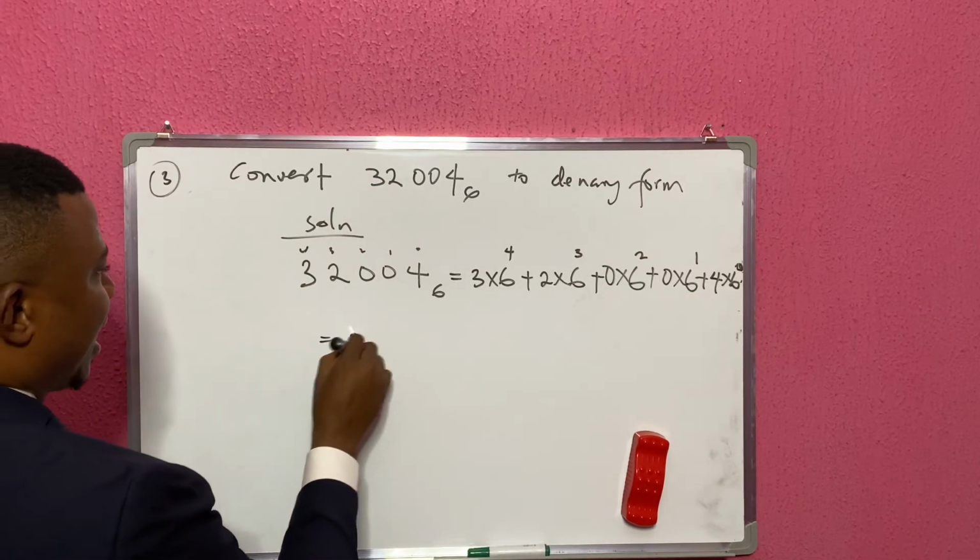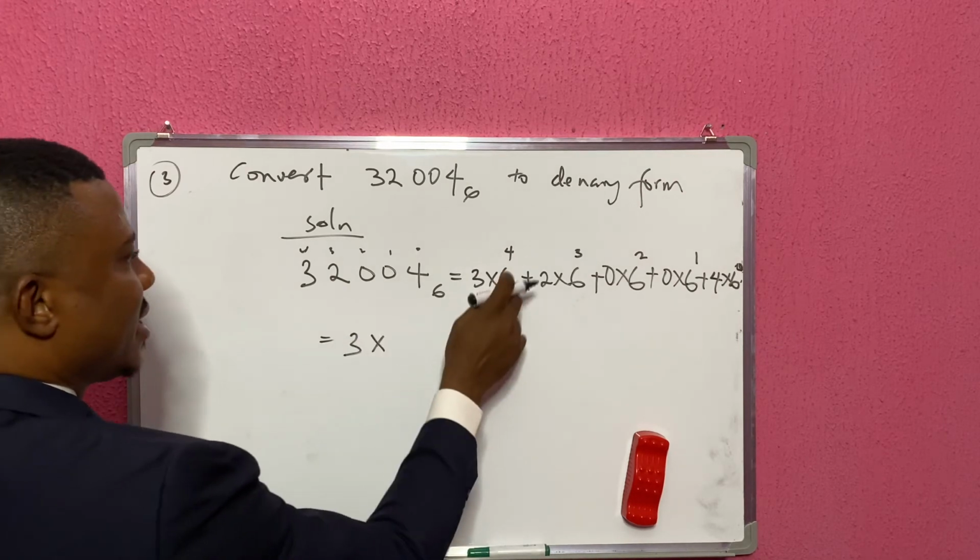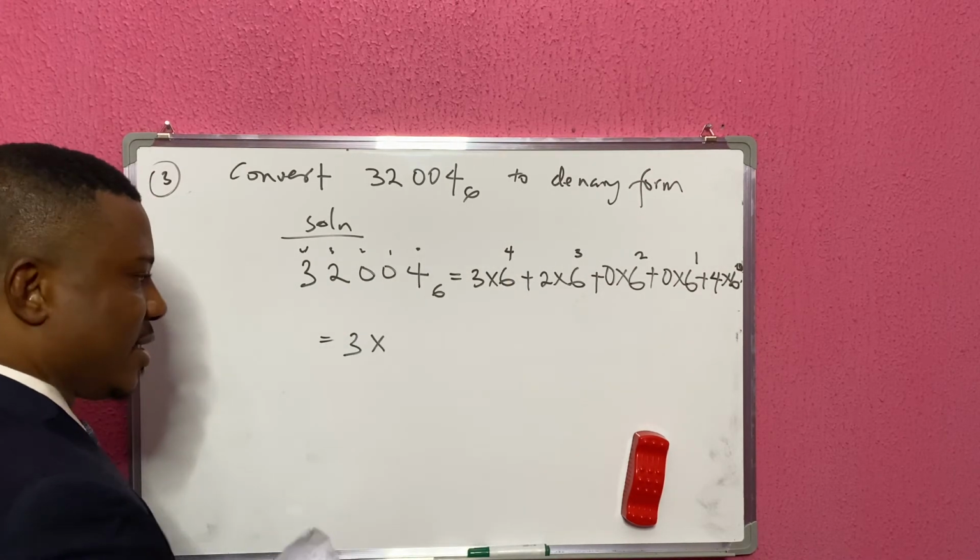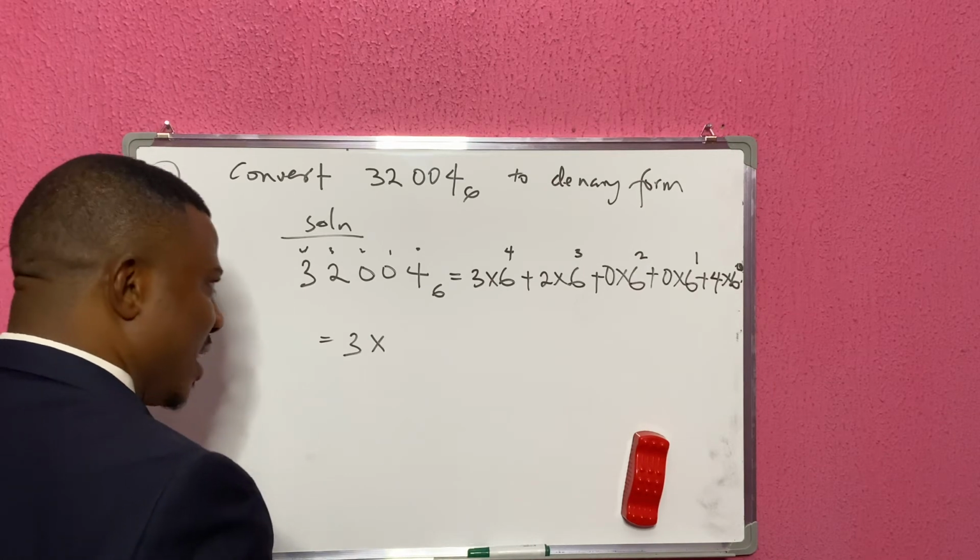We have 3 multiplied by 6 power 4, means 6 times 6 times 6 times 6.